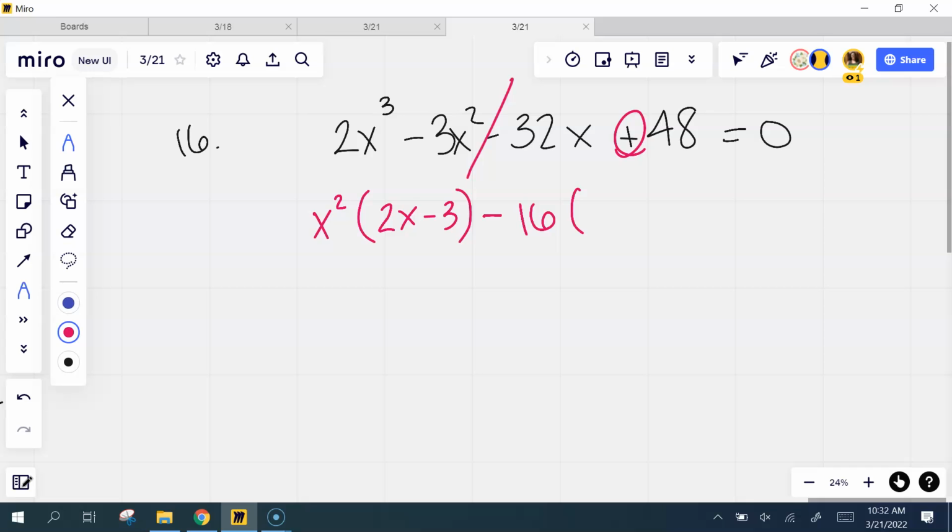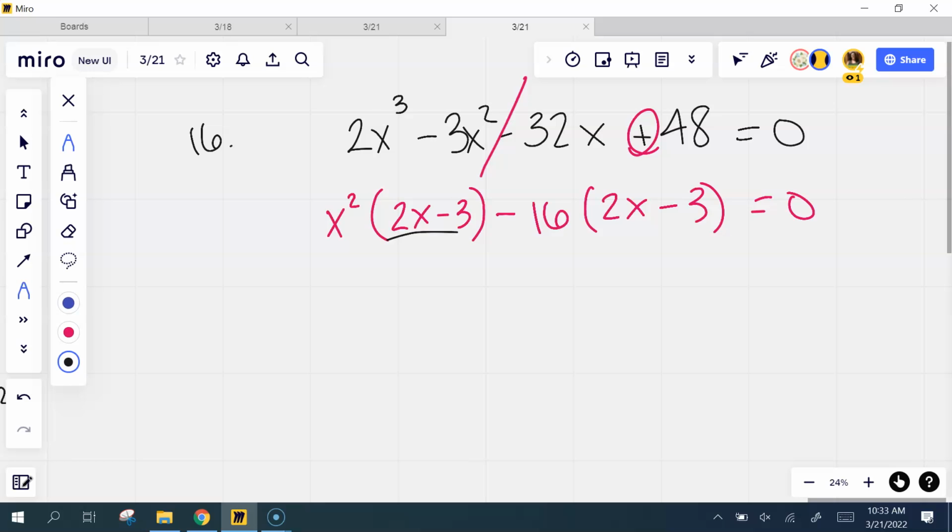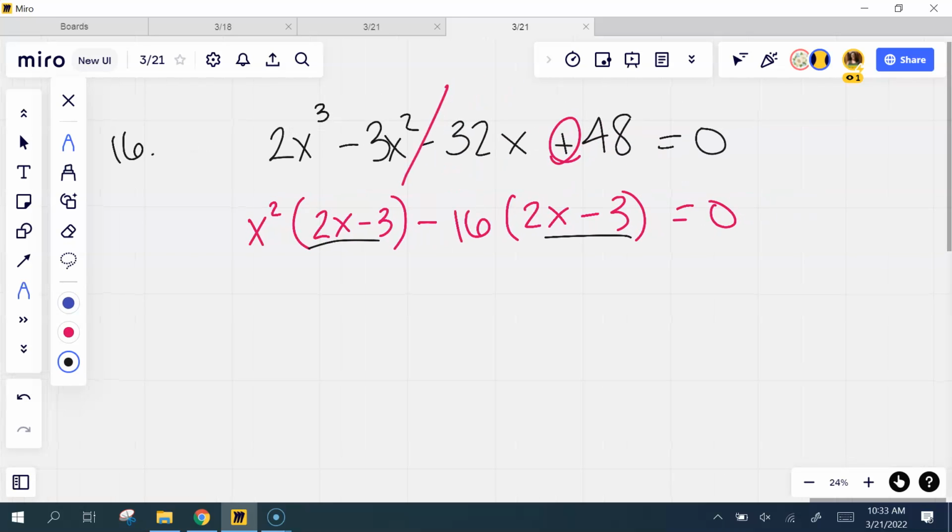What's left? How do I know if it worked or not? That's exactly right. These are the same. So it worked. So go ahead and finish factoring. 2x minus 3. That's gone, so I have x squared minus 16.